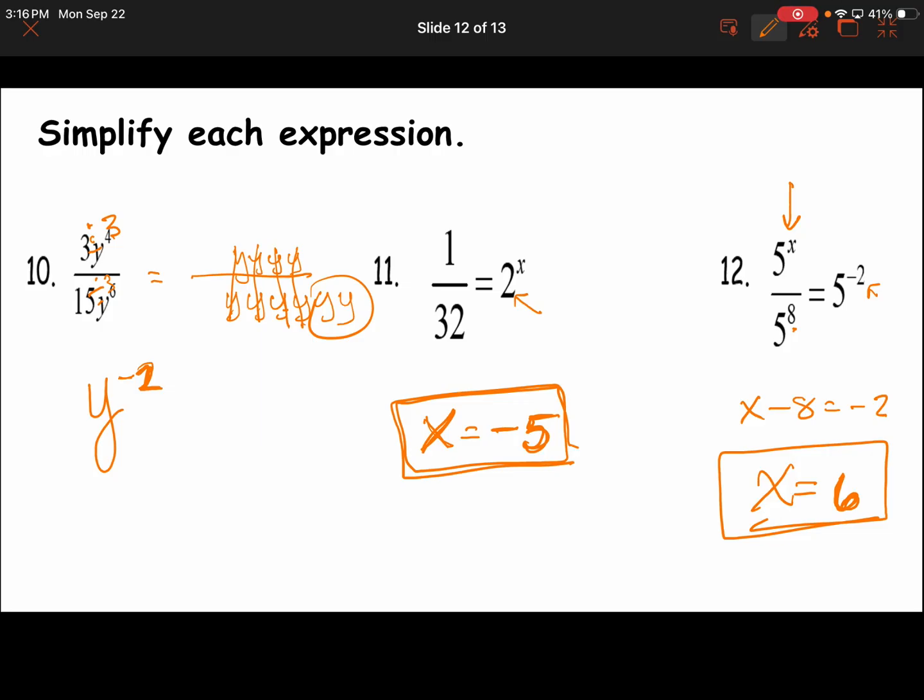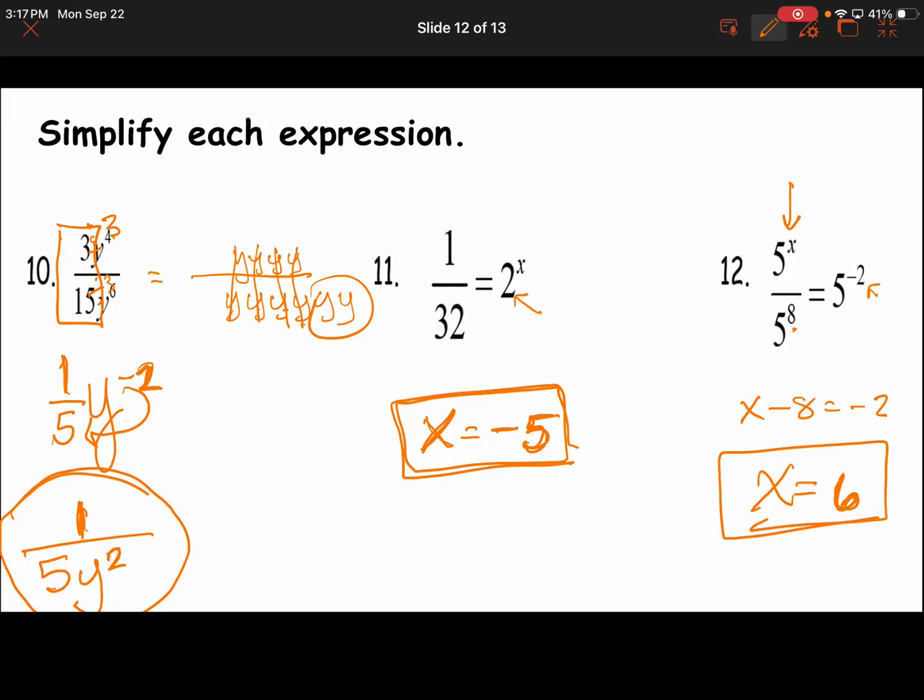It's a fraction that you have to reduce. 1/5 y to the negative 2. Is that answer finished? No. What do I need to do with that answer? Move the y to the bottom. Final answer would be 1 over 5y squared. Nothing is left in the numerator once you simplify, because everything would cancel out.